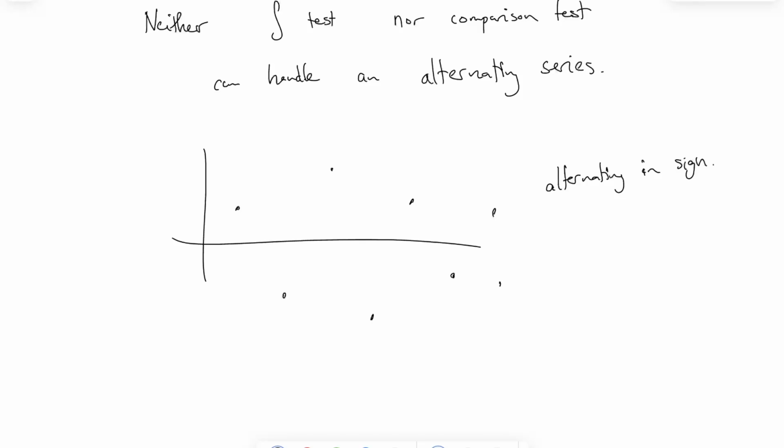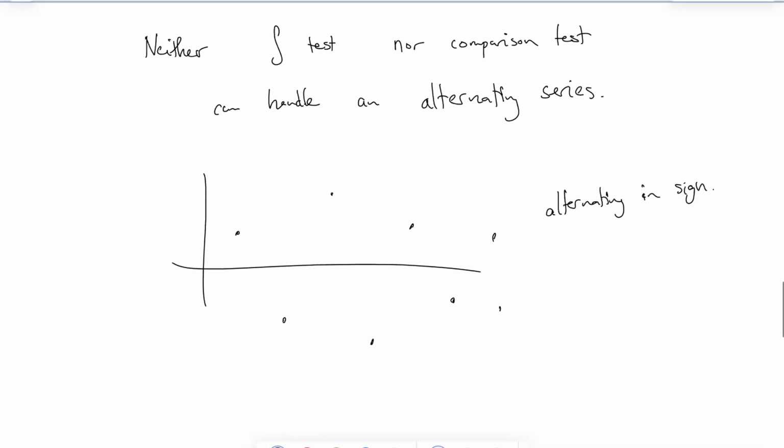But if they really alternate positive then negative, then that automatically means we can't use either of the tests we've already talked about, because the integral test requires the sequence to be decreasing, and an alternating sequence like this is never decreasing because it's constantly bouncing up and then down. It also can never be a sequence where all the terms are positive, so you can never use the comparison test either.